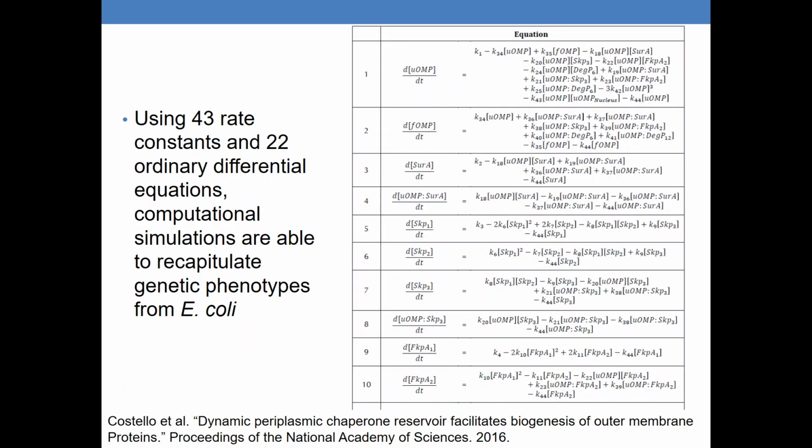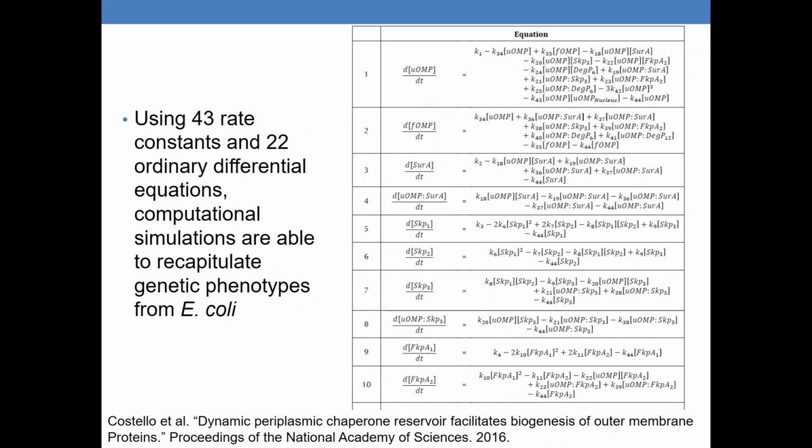Based on an extensive literature search, the authors of that study were able to identify 43 rate constants that describe as much as possible the different paths that I just showed you to build that network.